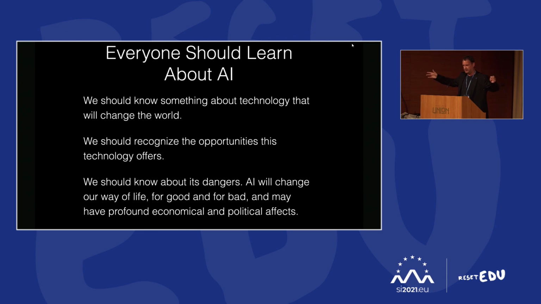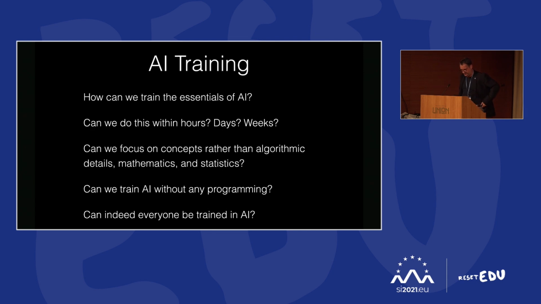But if we take primary and secondary education, there's nothing. And there's also not much in companies and not much in public sectors either. So the people who have finished their education are kind of lost in the AI world.